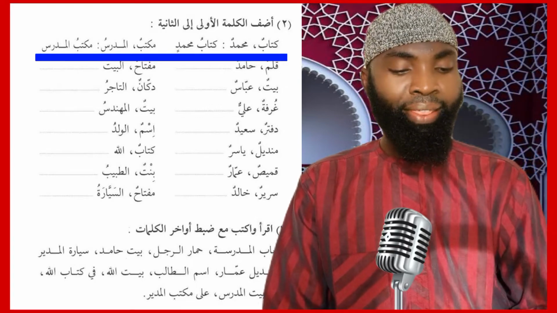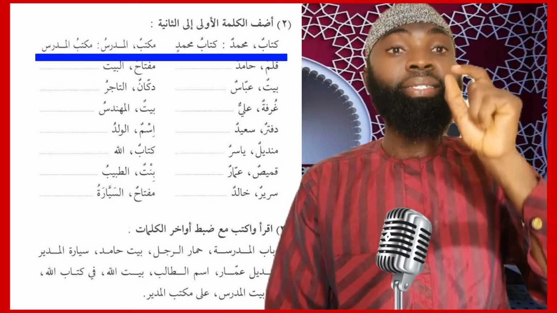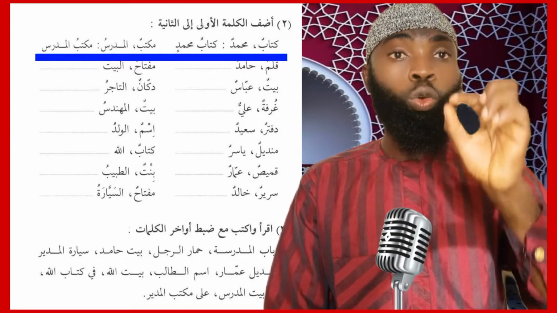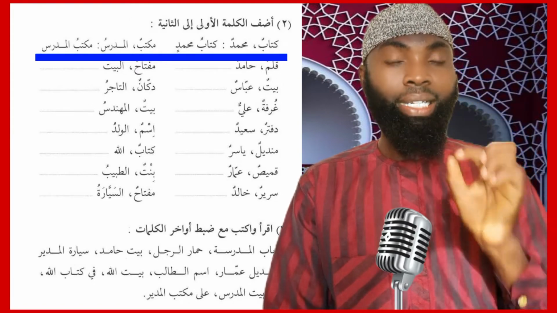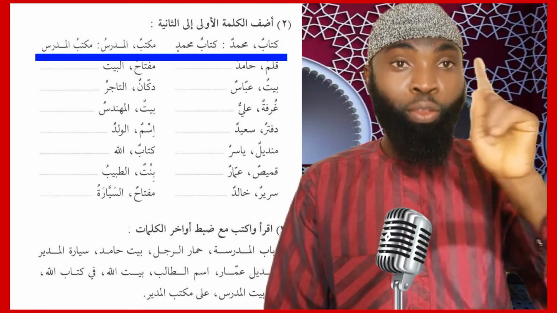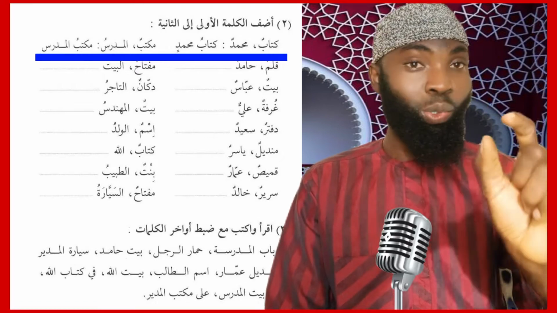What do you notice here? The word Kitabun originally has tanween, the indefinite article, two dhammas. But when it is being possessed by Muhammad, we drop one dhamma, making it Kitabu instead of Kitabun. This is the rule.